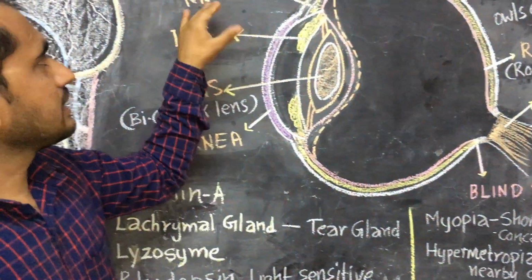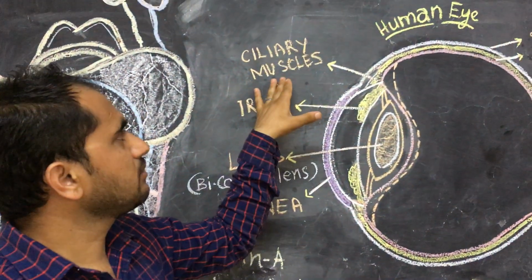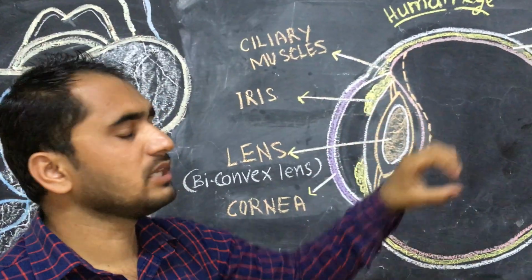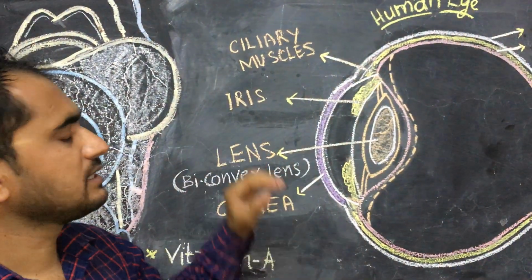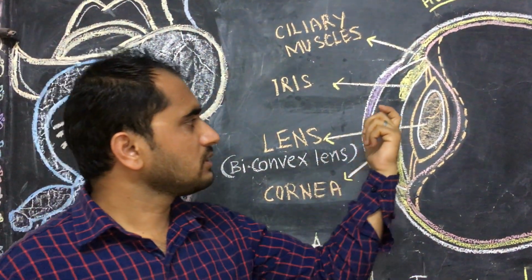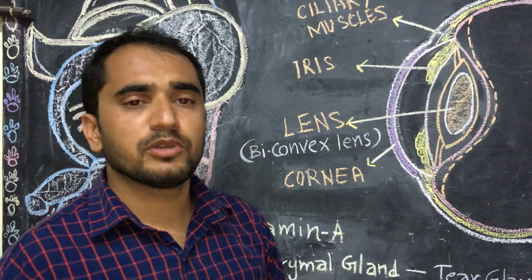And next, ciliary muscles. Ciliary muscles help the lens to focus the image and focus the light on the retina. And iris, it is the colored part of the eye which helps to control the size of the pupil.